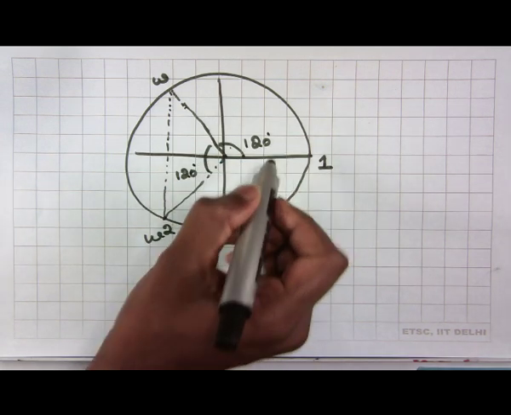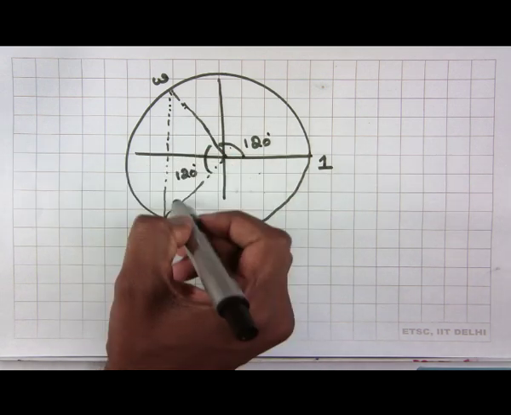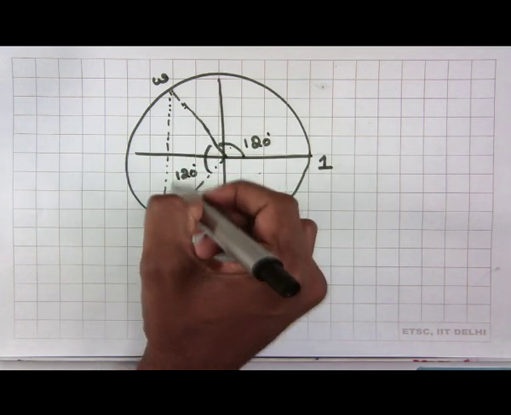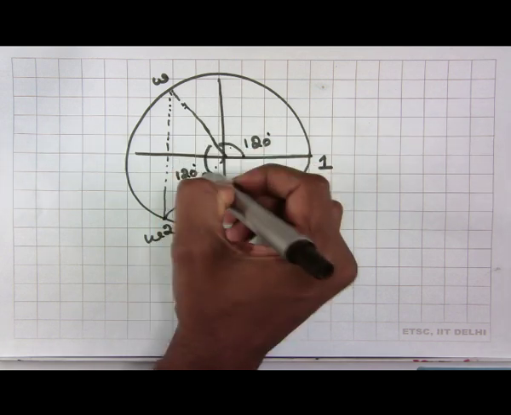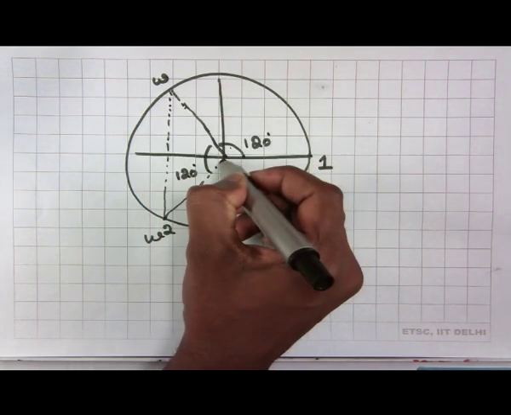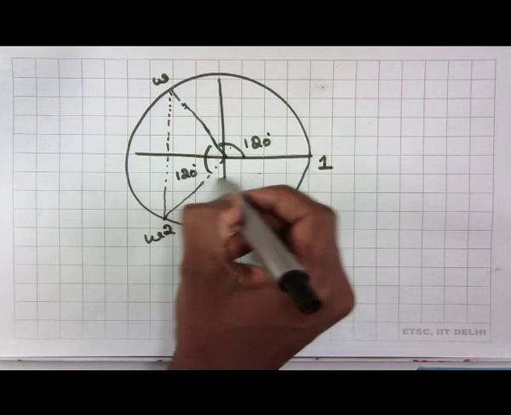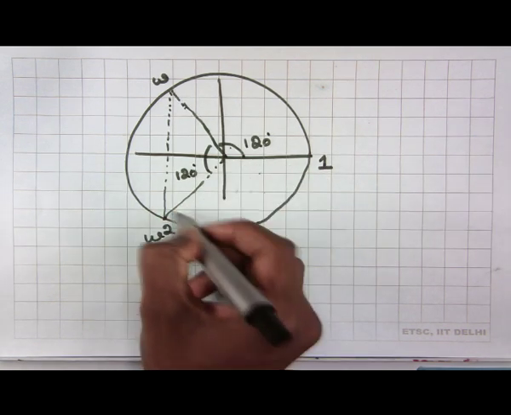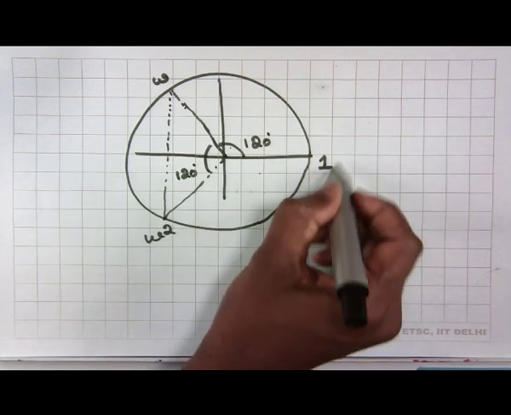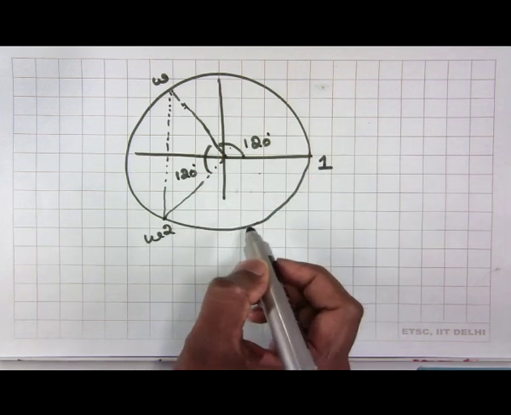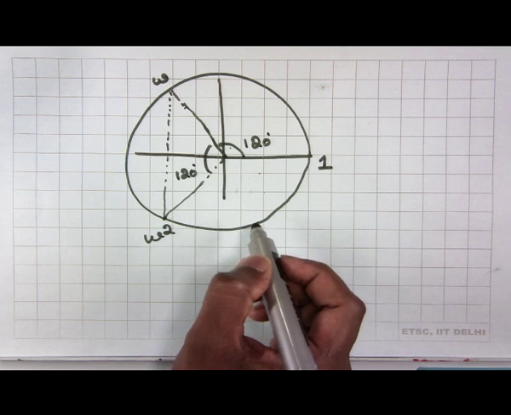It means that multiplying by omega is the same as adding a 120 degree angle to this particular vector. Now, you add one more 120 degrees, that is multiply by omega, you reach back 1. So, we see that omega cube is 1.